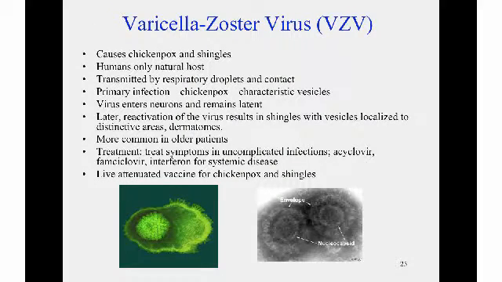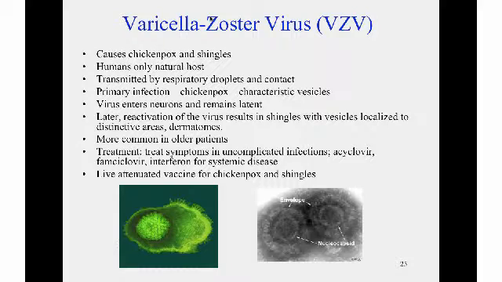So moving on to VZV, or varicella zoster virus. This is the causative agent of chickenpox and shingles. Humans are the only natural host for this virus. It is transmitted via respiratory droplets and direct contact, and it will manifest itself initially as chickenpox and then later be reactivated as shingles.